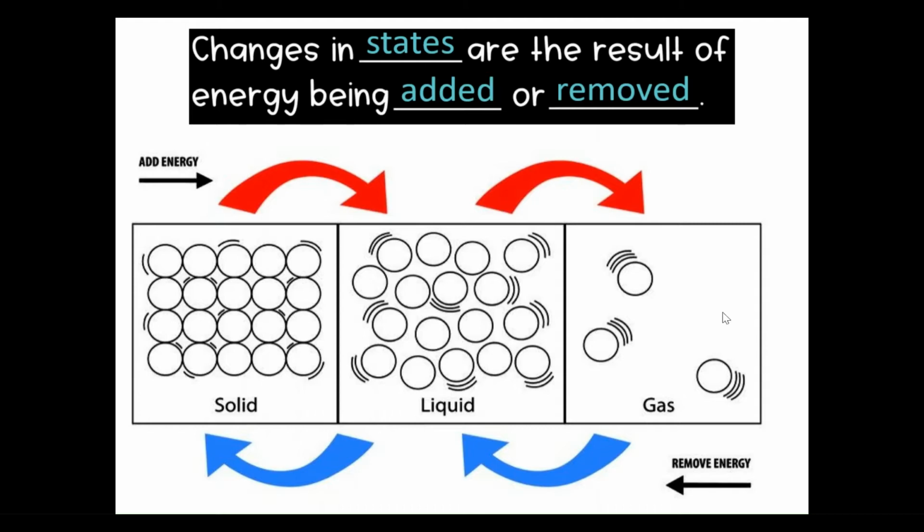However, if you remove energy, you can go from a gas back to a liquid. If you continue to remove energy and you get it really, really cold, you can then become a solid again. And the cycle can go back and forth. This is all because you're taking energy away or adding energy into the system.